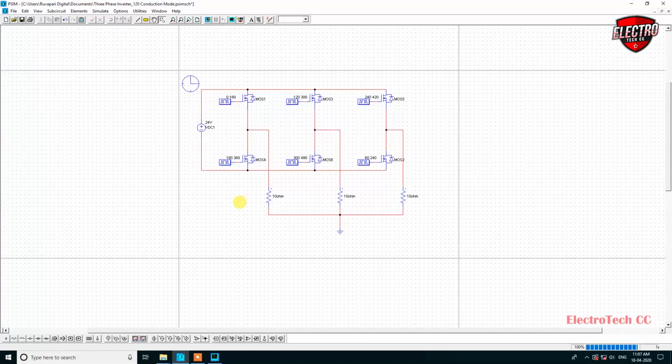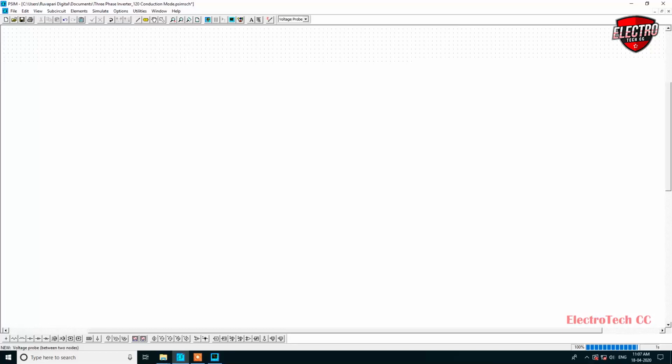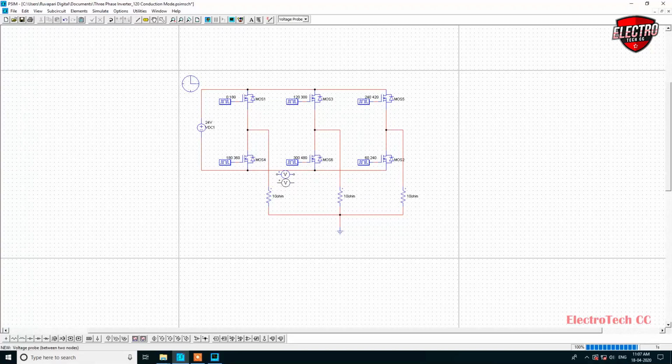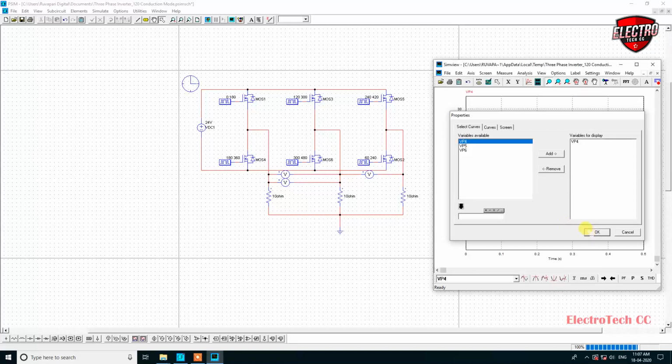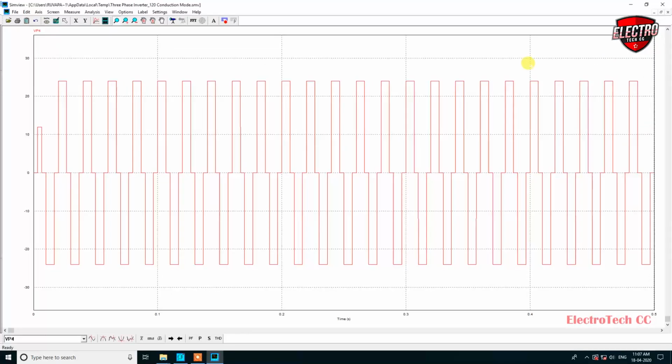So let us connect all these probes in all the lines. And it's ready. So let us start the run. The first line voltage will show you a quasi square wave.